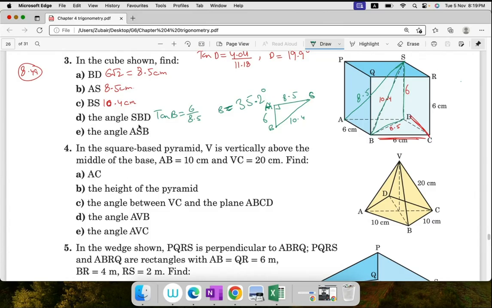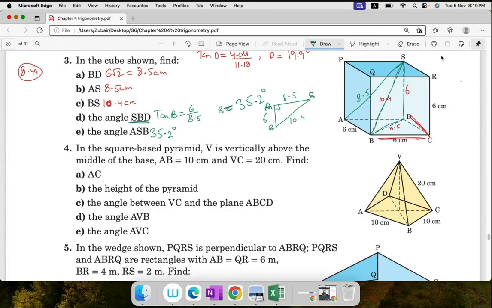See, when we used SBD, SBD was the angle between 10.4 and 8.5. Now this time ASB is again the angle between 10.4 and 8.5, and this will be the same as all three dimensions are the same: 35.2 degrees.